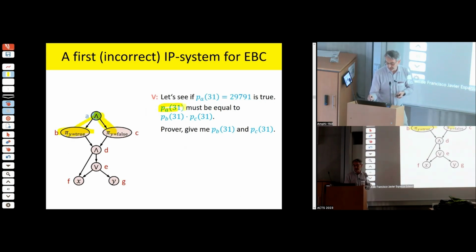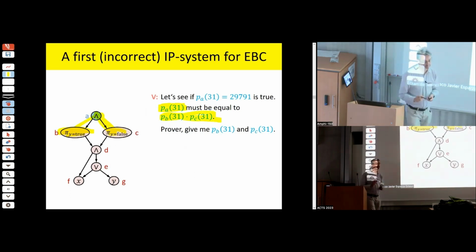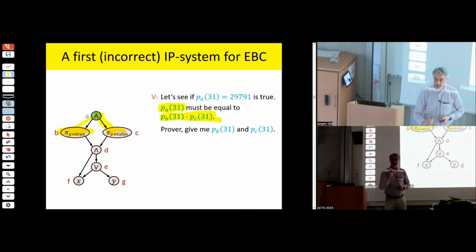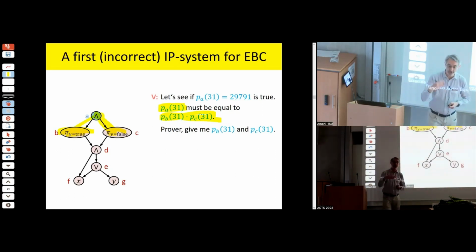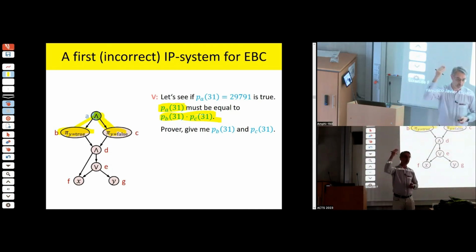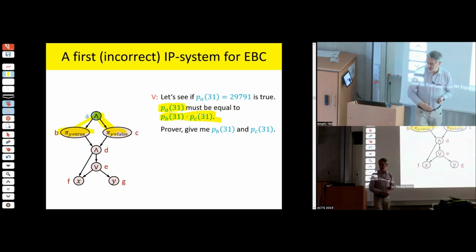So PA of 31 must be equal to the product of PB of 31 and PC of 31, right? Okay, so then prover, please give me PB of 31 and PC of 31. And let's see if what you give me, when I multiply those two numbers, gives me this, right? Let's see if you are able to be consistent with your previous statements.